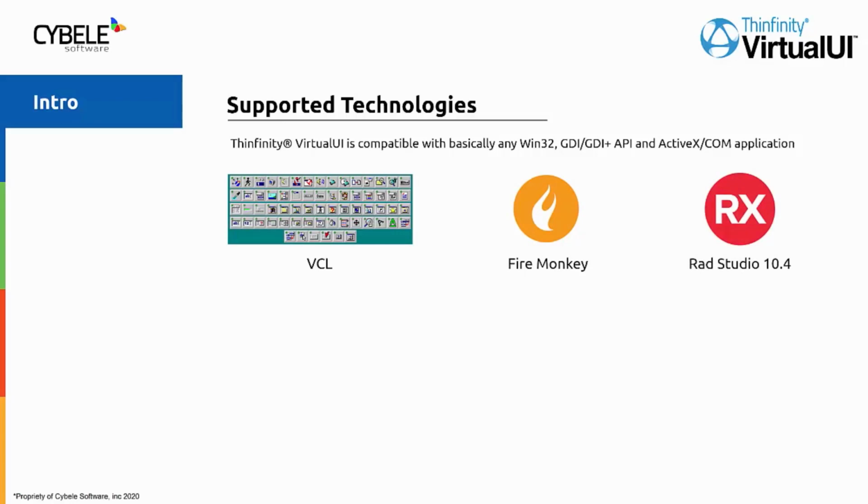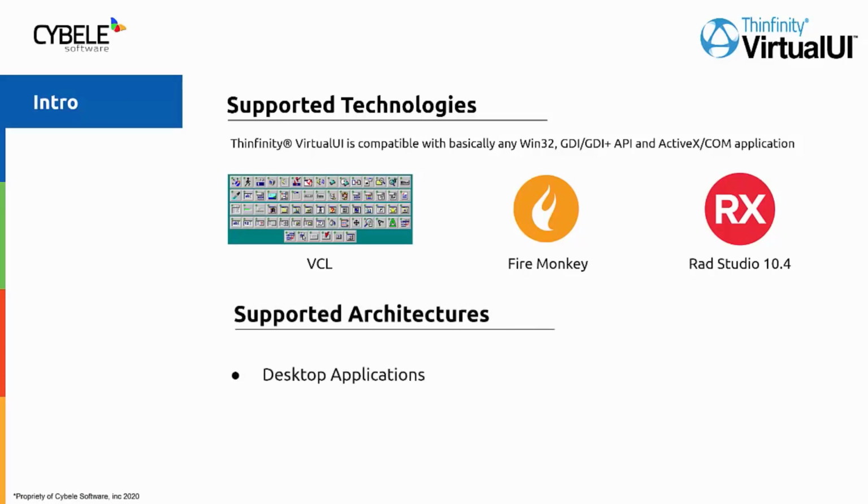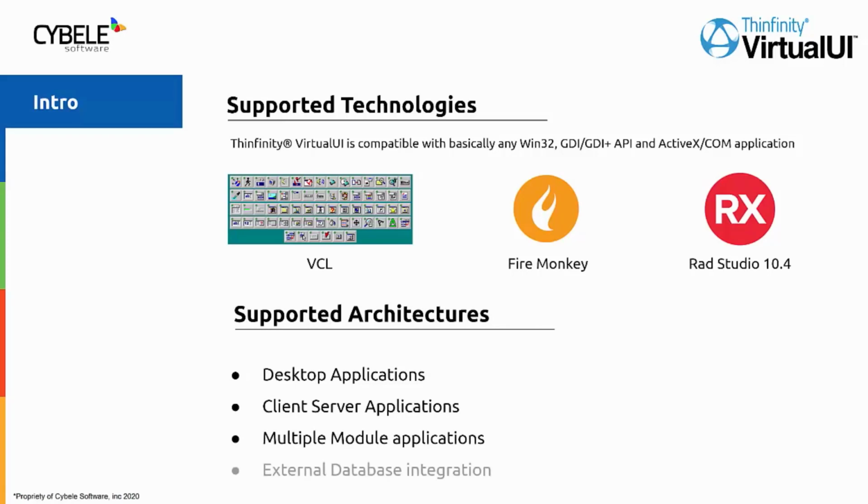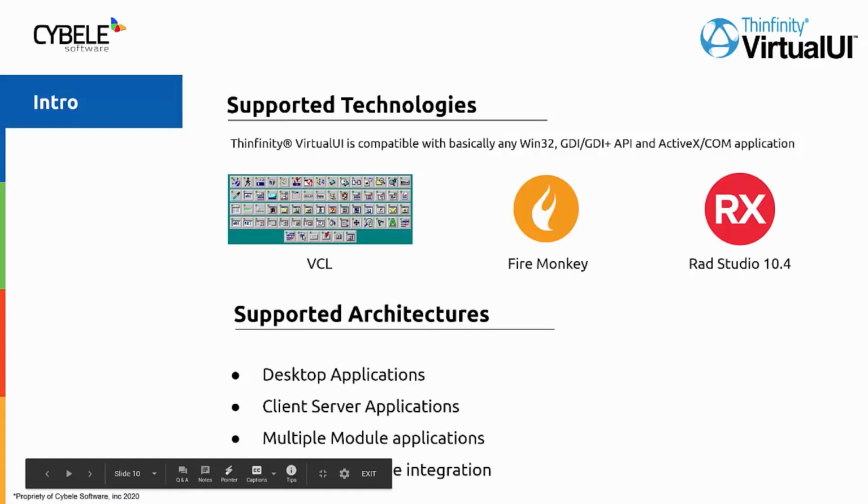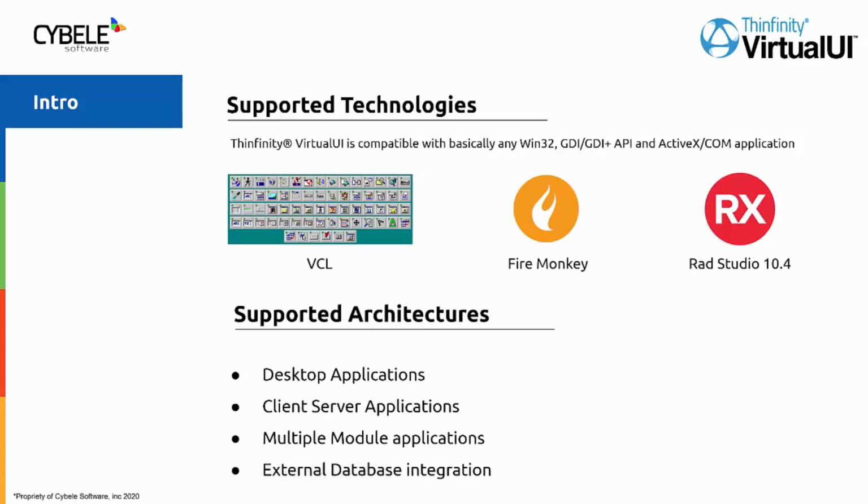In terms of software architecture, Thinfinity VirtualUI supports pretty much every traditional architecture. It works with desktop applications, client-server applications, multiple module applications, and it supports external database integrations like SQL or MySQL. You can integrate Thinfinity VirtualUI with any 32 or 64-bit application.